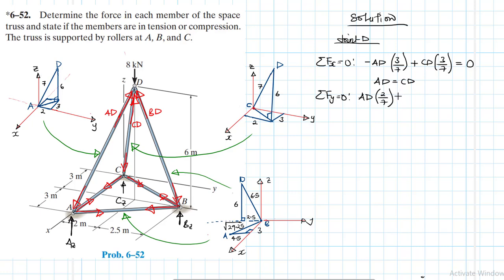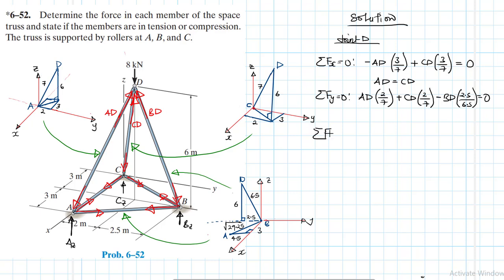And then CD in the y direction is also positive, CD times 2 divided by 7. And then BD is negative, so it's BD times 2.5 divided by 6.5 equal to 0.